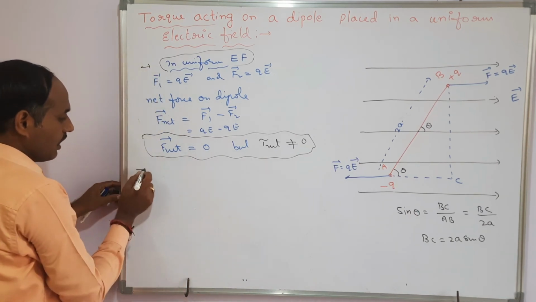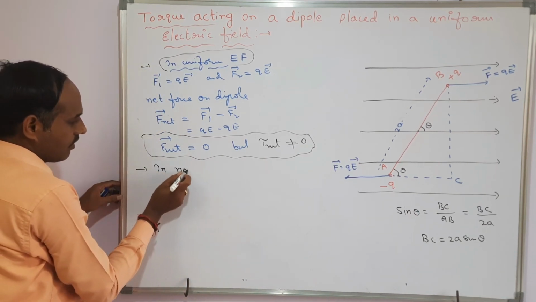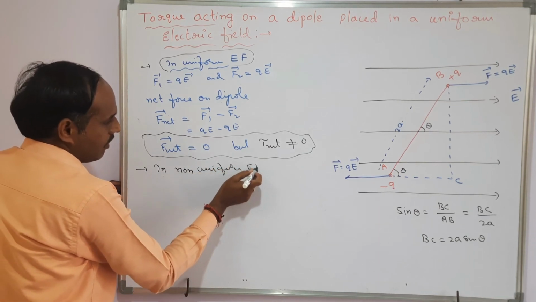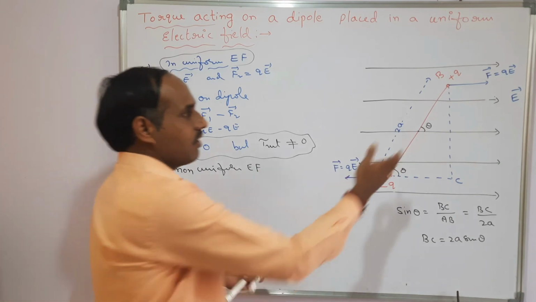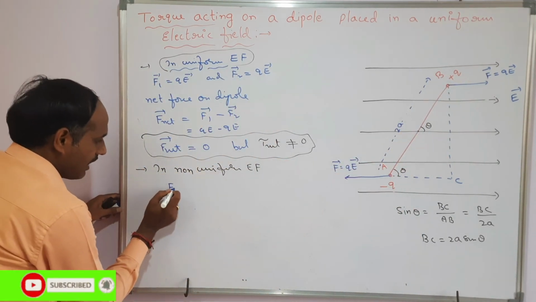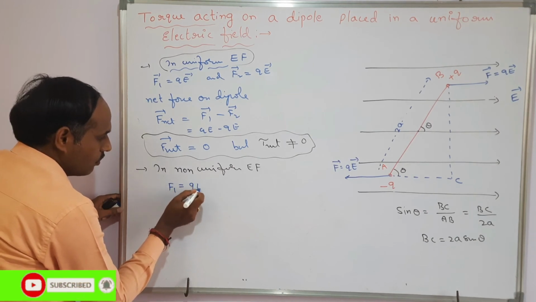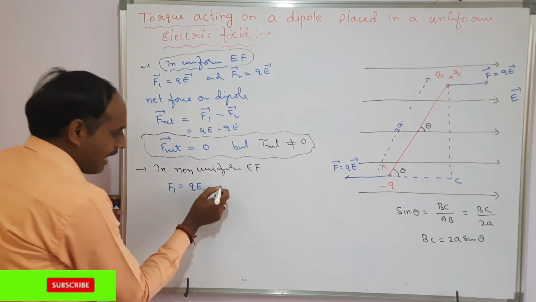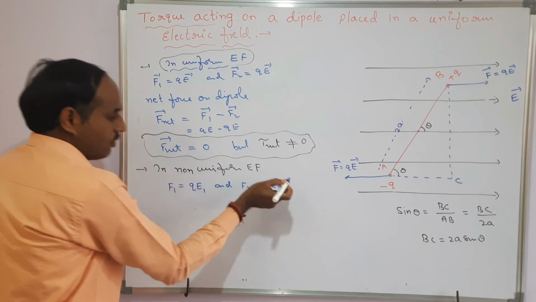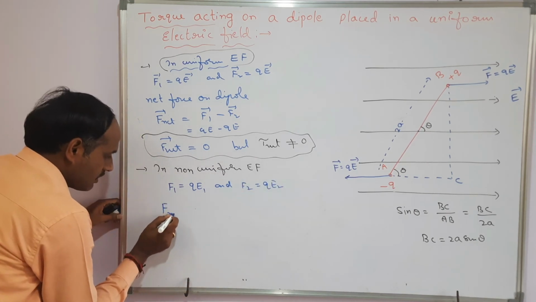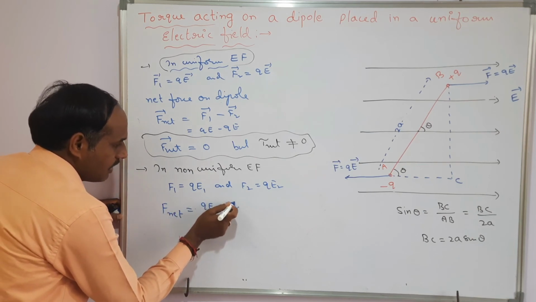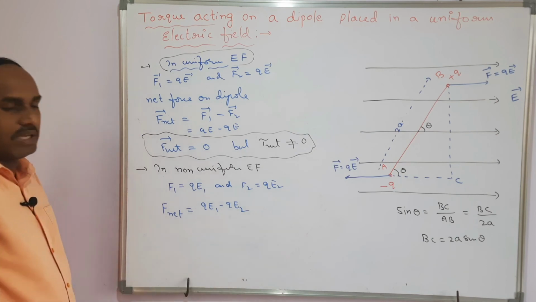Now I am coming to the non-uniform electric field. Non-uniform electric field means at different locations the field has different strengths, so here we can write F1 equals QE1 and F2 equals QE2, so the net force on this dipole is QE1 minus QE2.